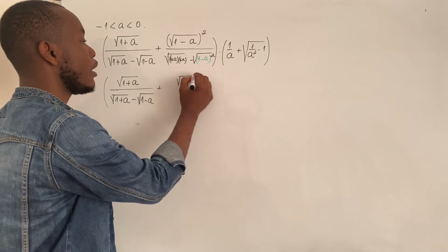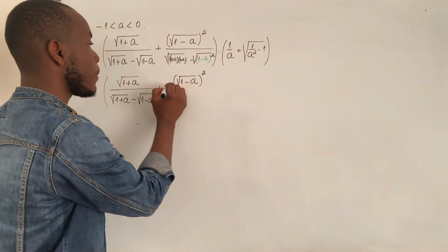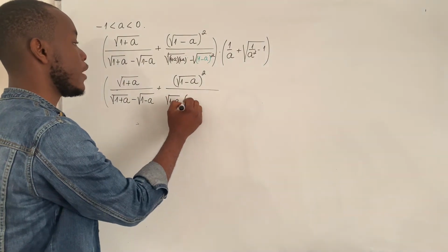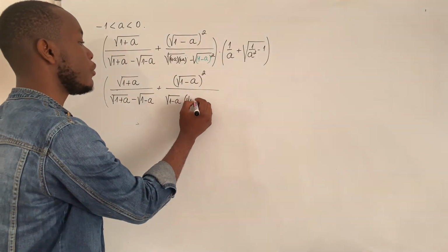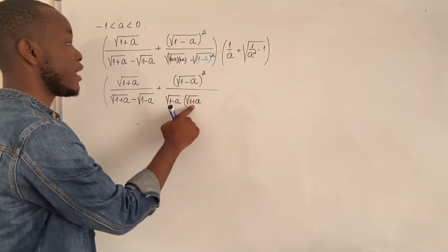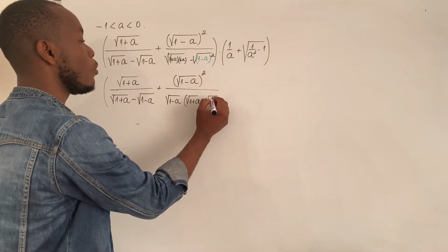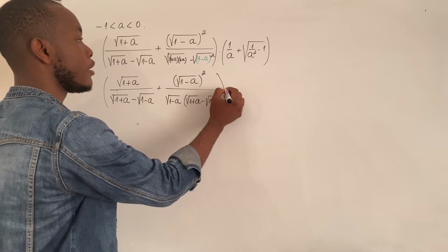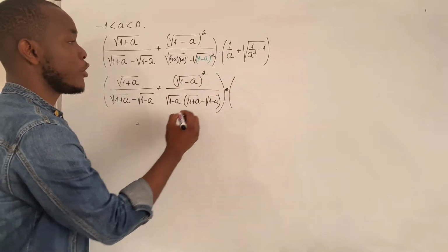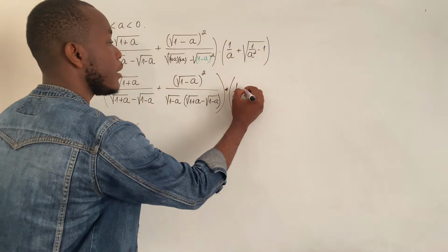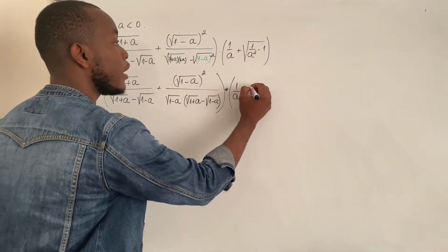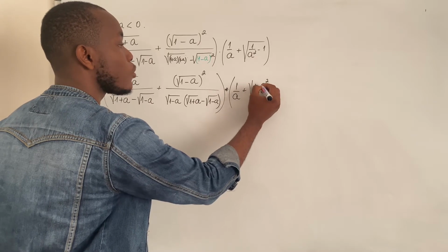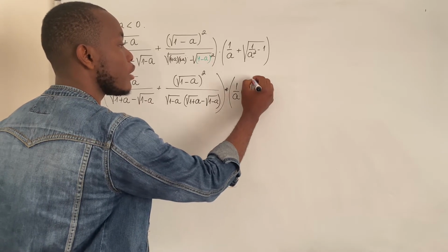So factorizing it, we're going to have square root of 1 minus a, factor, here will be left with only one square root of 1 plus a, and here will be 1 minus a, okay, times this expression. In this expression, we can work it out. This is 1 over a plus, here we can cross multiply, will be square root of 1 minus a squared over a squared. Okay.